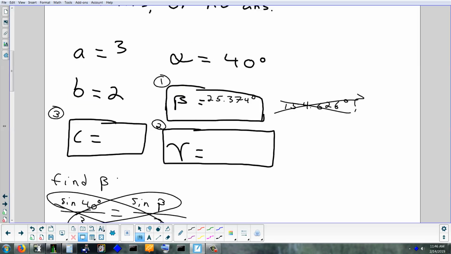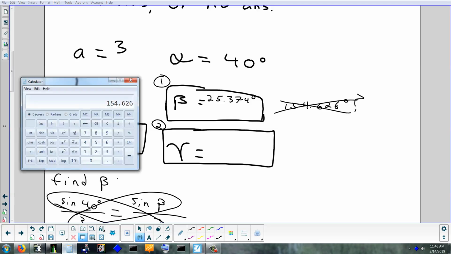So beta is 25.374. How can I get gamma now? Rob? Yes, all I have to do is add up 40 and 25.374, and I get 65.374, and subtract that from 180.